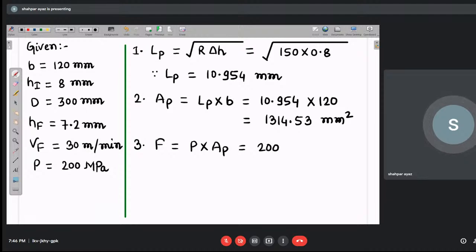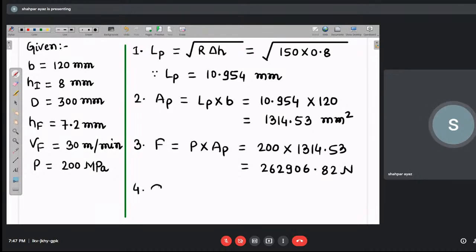Now third, we can calculate the force, that is pressure into projected area. This is your 200 into 1314.5. What we are getting, all of you? 262,906.82 Newton. Right. Now we can calculate the torque. Torque is force into 0.5 LP.